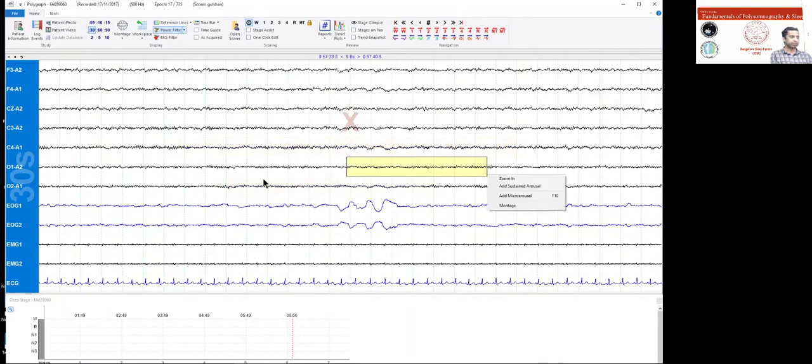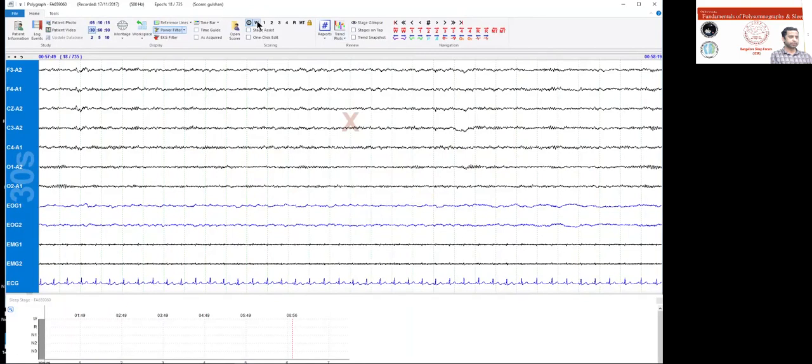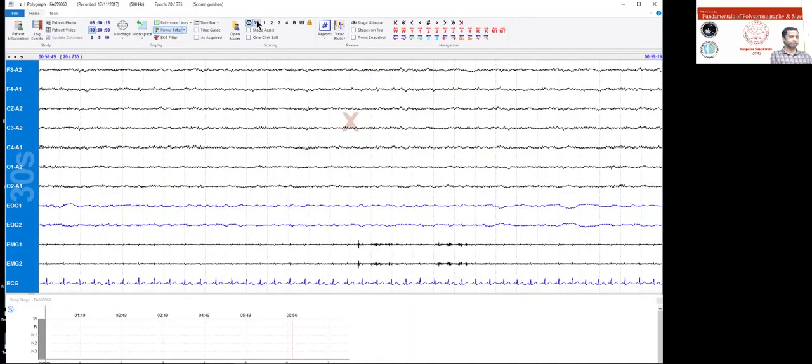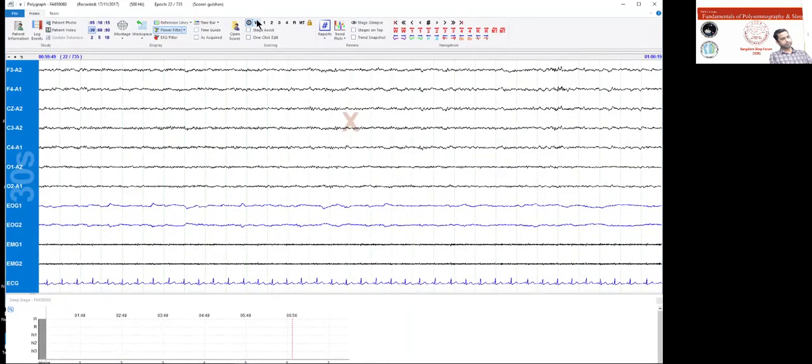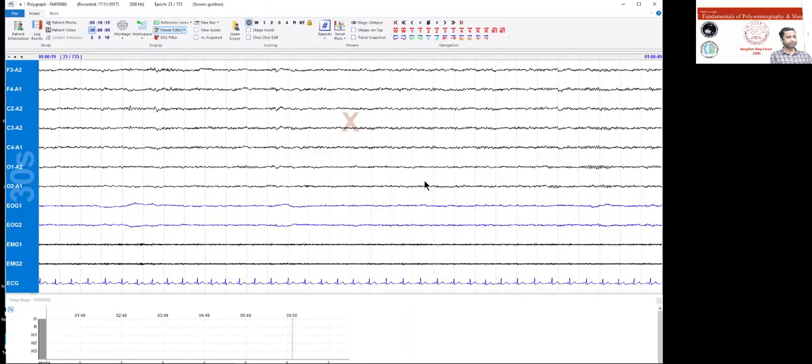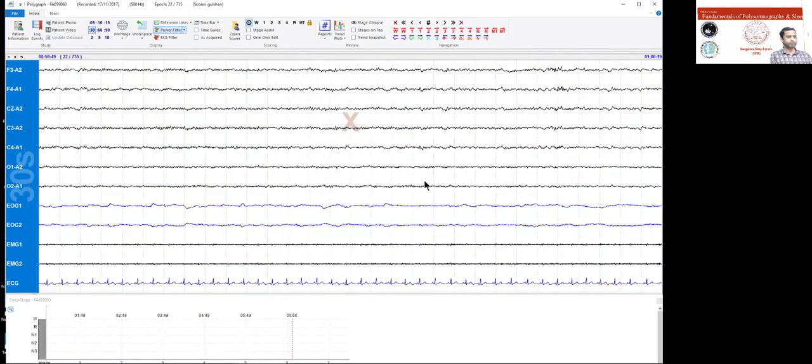So wake. You can see rapid movement kind of thing. Again, movement is there. Wake.